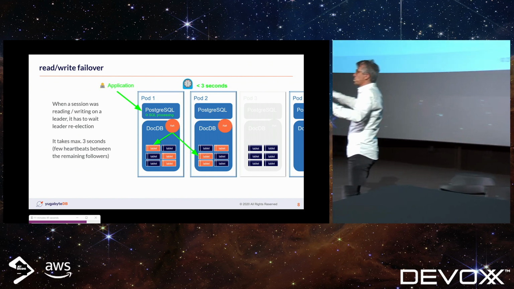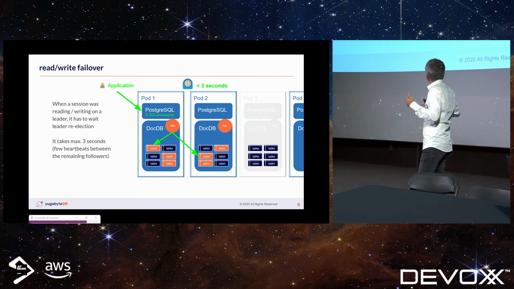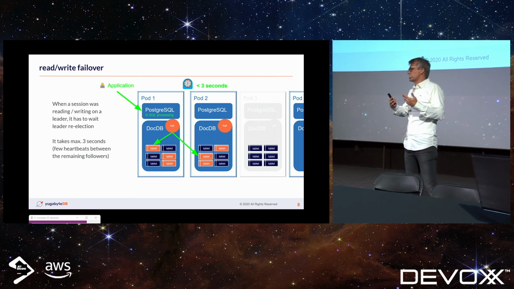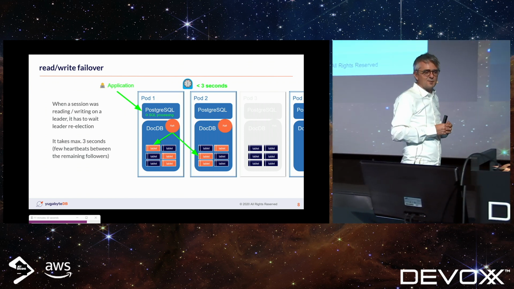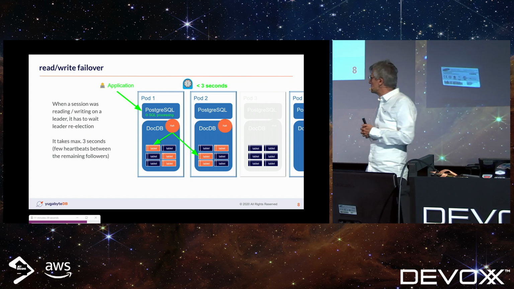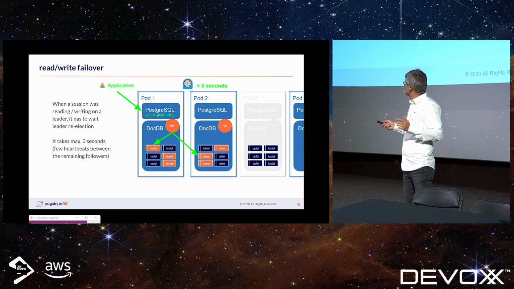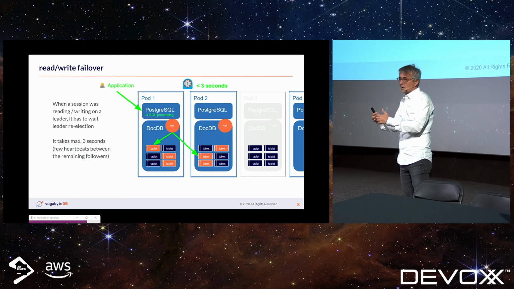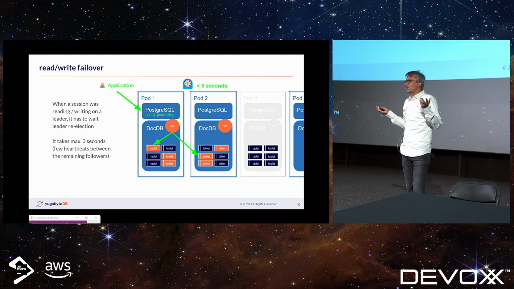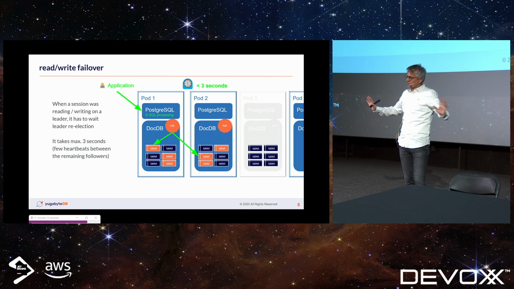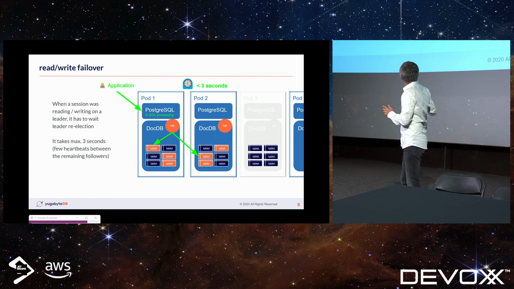Because the writes wait for the quorum, we know that at least one follower has the latest consistent value. That takes 3 seconds. And again, it is a parameter. You don't want to elect a leader just because you have a few hundred millisecond latency in the network. So by default, after 3 seconds, there is a new leader election. The current operation is retried directly internally, and the application just sees an additional latency of a few seconds. Not all sessions, just the sessions that were currently reading or writing on this particular row.